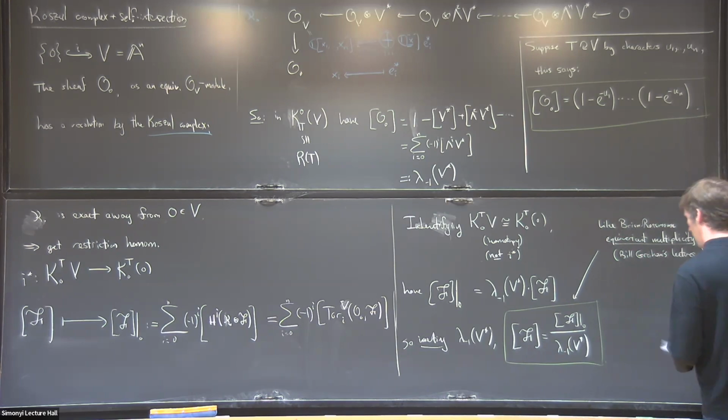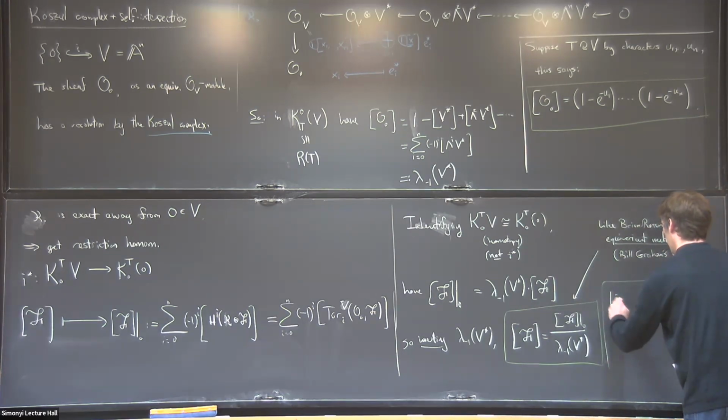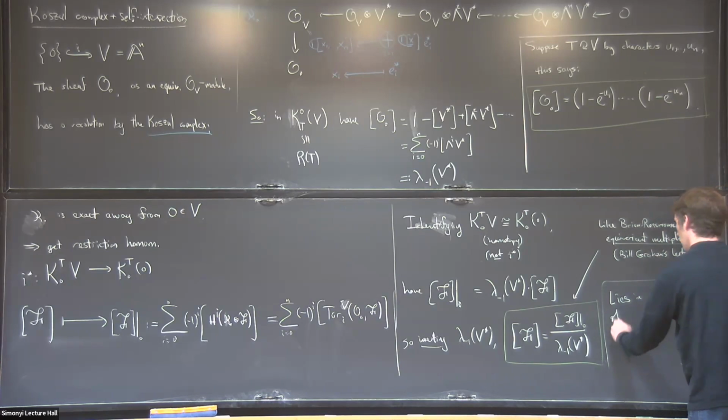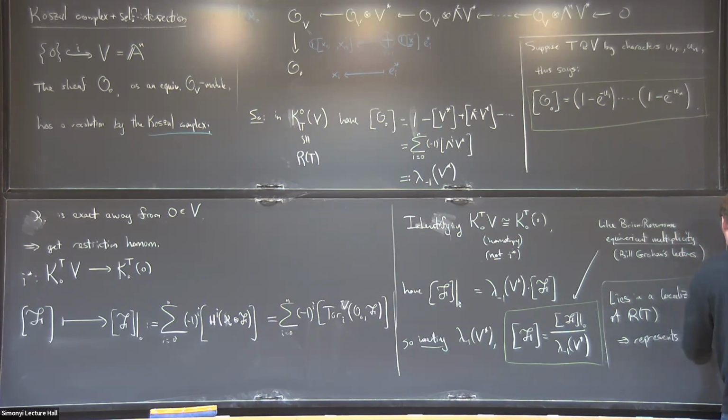Okay. And I want to say one more thing about this because it's so concrete. It lies in a localization of our ring, so it represents some T-module, but possibly infinite dimensional.